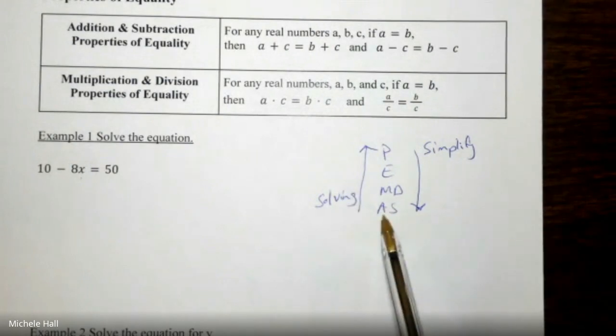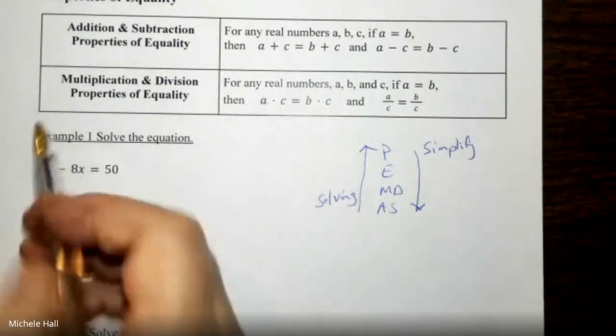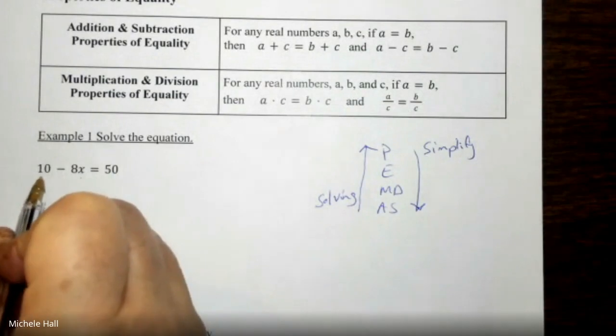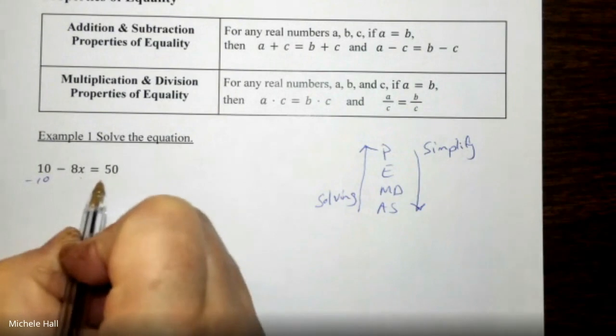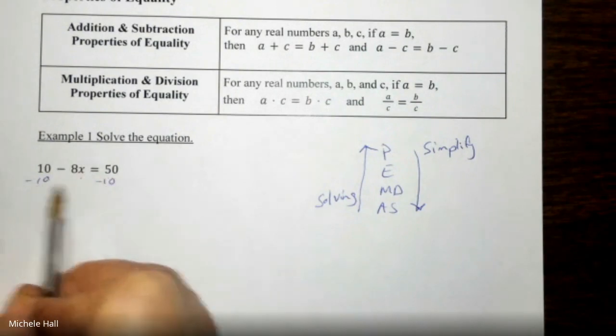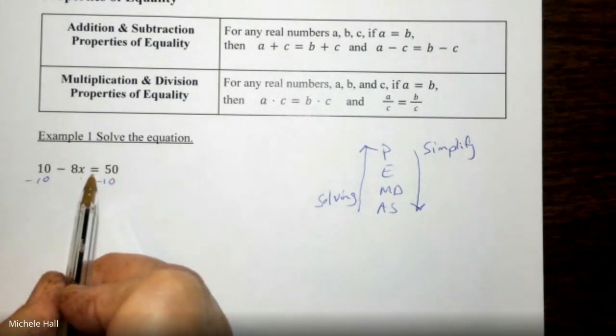Is there any adding and subtracting to be undone? Yes, the 10. How do I move 10 to the opposite side? I need to do the opposite of 10, and do it to both sides of the equation so that it stays equal.